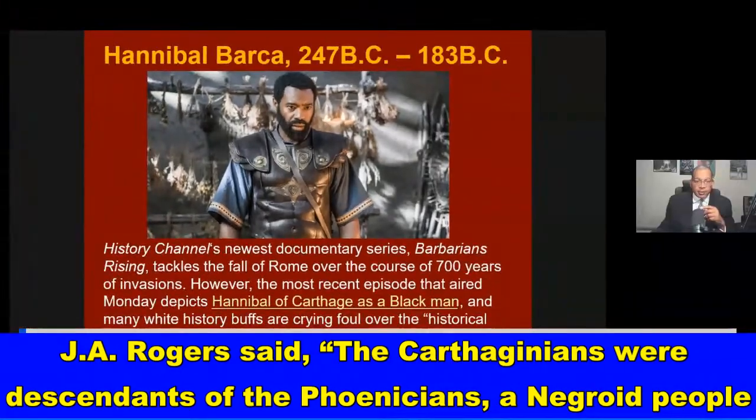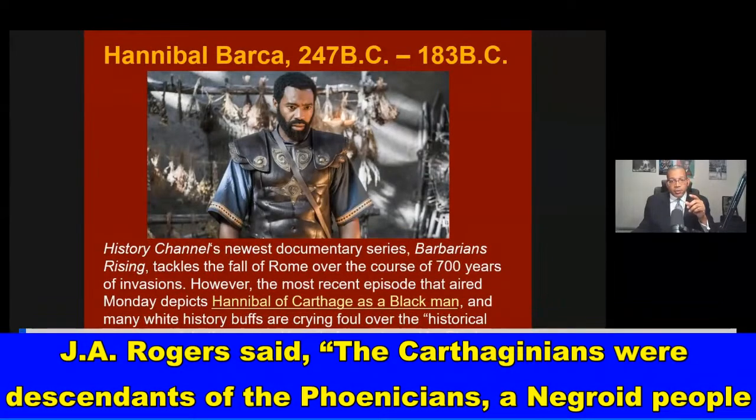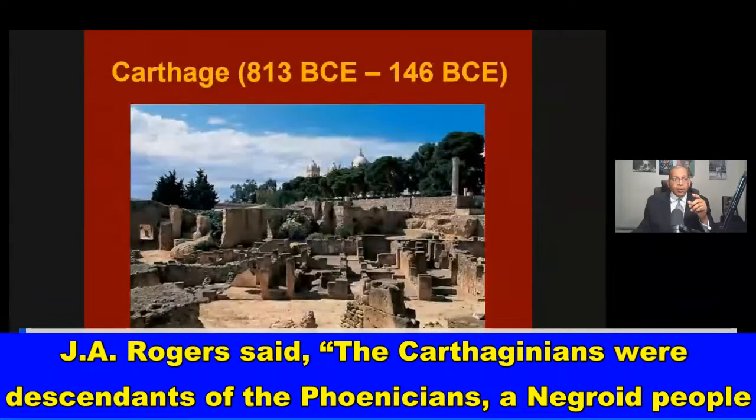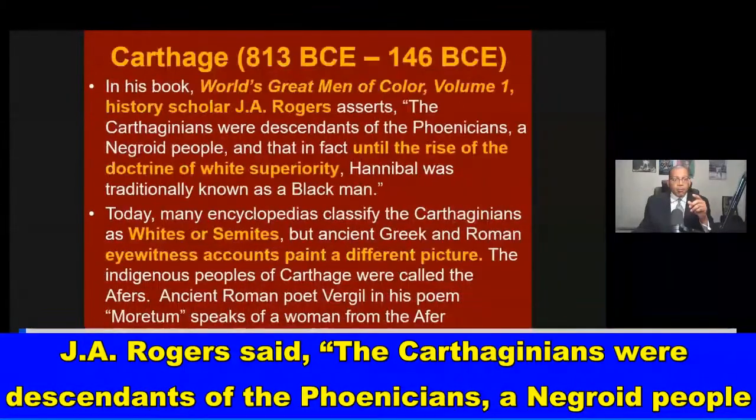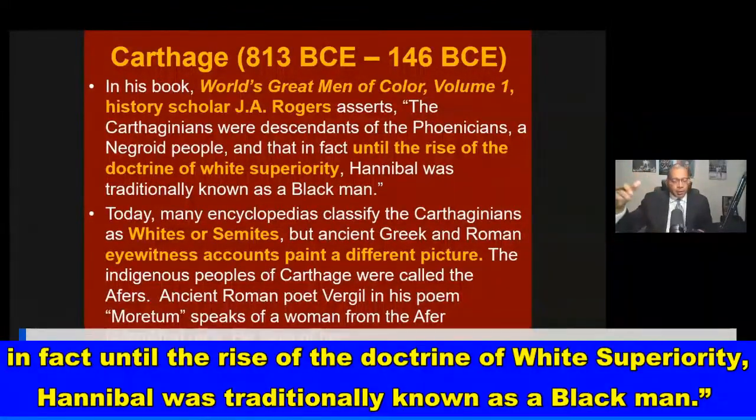And as J.A. Rogers said in World's Great Men of Color, the Carthaginians were descendants of the Phoenicians, a Negroid people, and that, in fact, until the rise of the doctrine of white superiority, Hannibal Barca was traditionally known as a black man, because as you have a rise in European powers, you have a rise in white superiority.